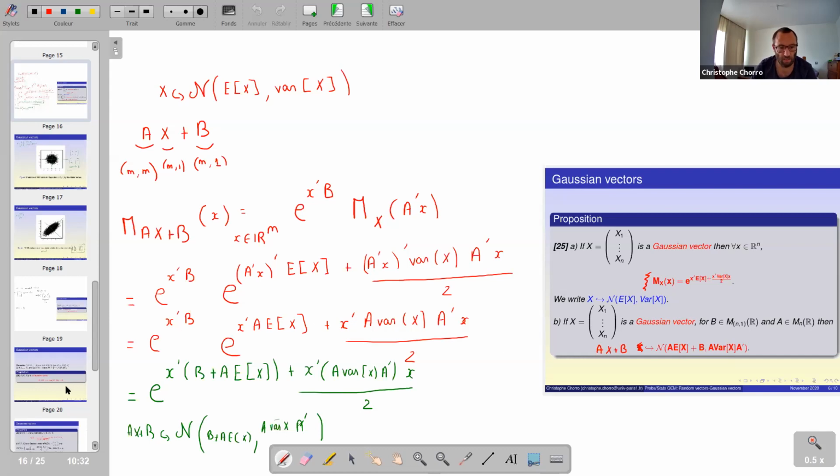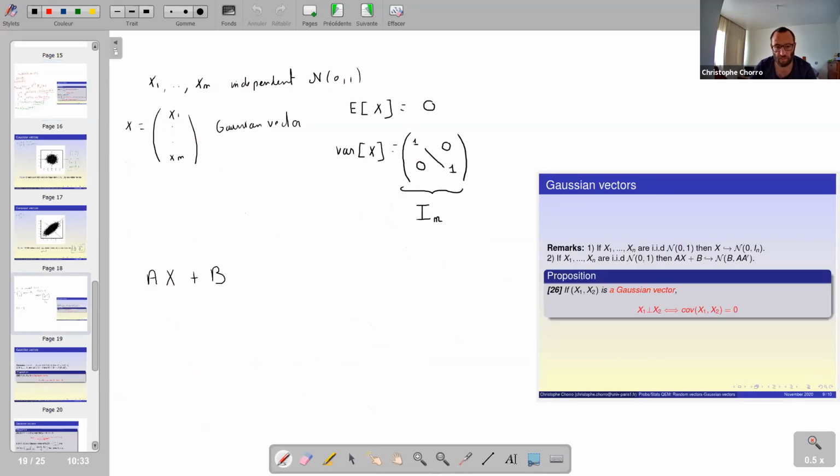So finally, if I apply proposition 25 statement b, I obtain a Gaussian vector with a mean that is simply equal to b, because the expectation of X is 0, and a variance covariance matrix that is A times A prime.